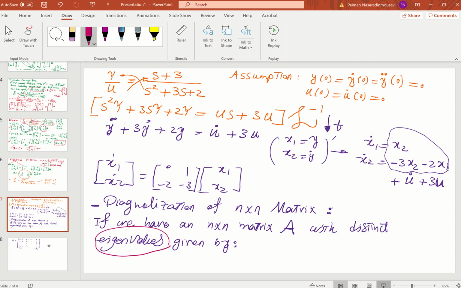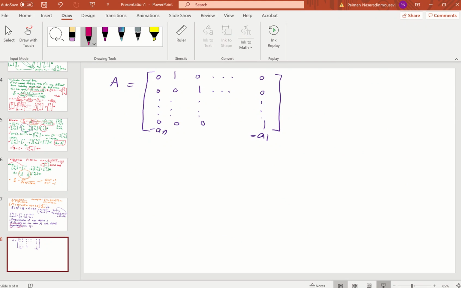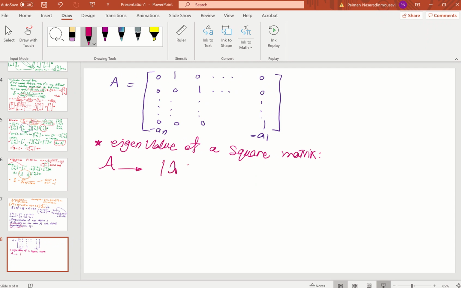But before that, for those of you who forgot about the eigenvalue, I'm going to just cover it. So before going to that, I'm going to talk about the eigenvalue of a square matrix. If I have a matrix A, its eigenvalue is calculated as here: the determinant of lambda I, the identity matrix or unity matrix, minus A is 0.